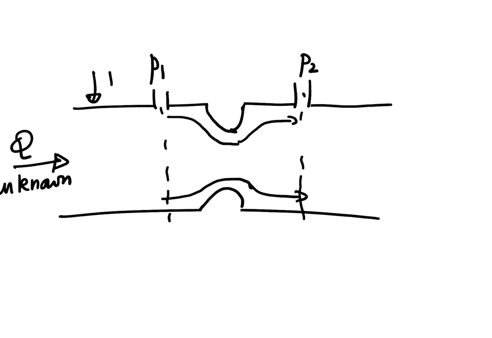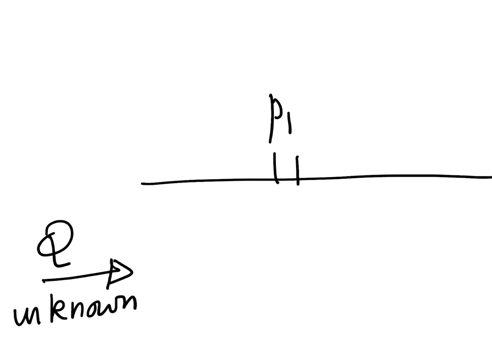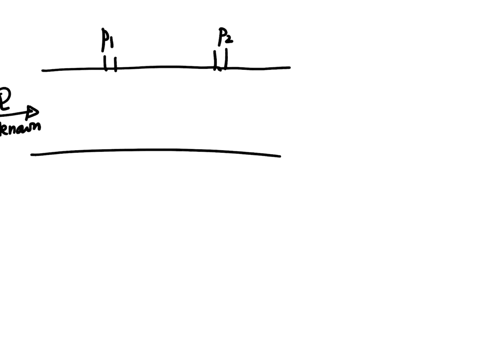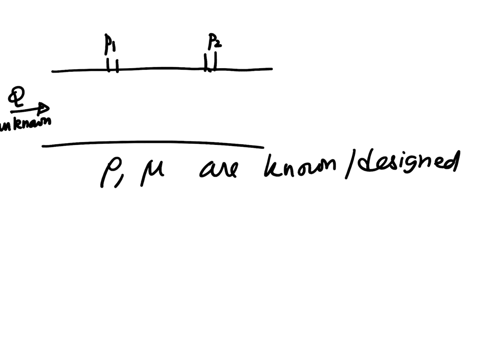The diameter is known, the fluid is known, the area of this minimum cross section A naught is also known or designed, and A1, rho and mu are known or designed.